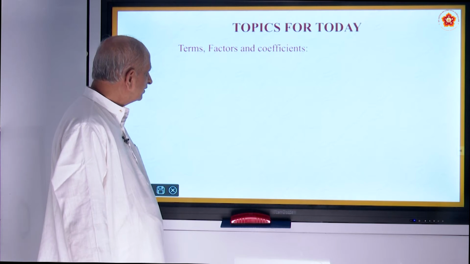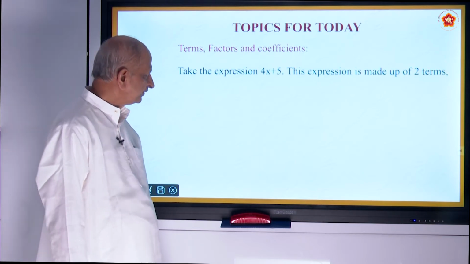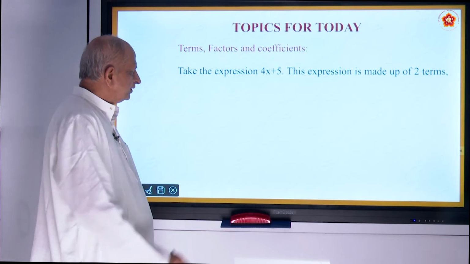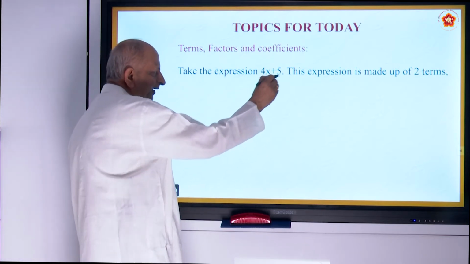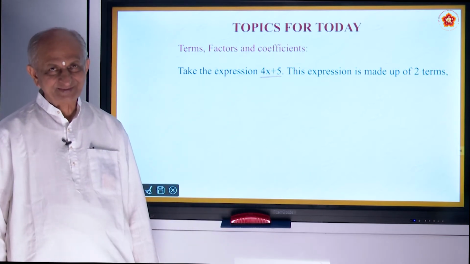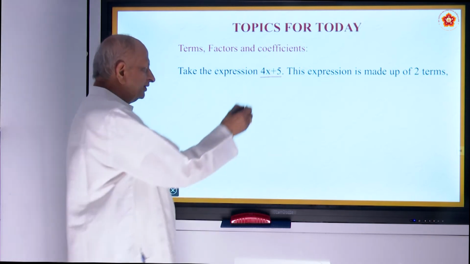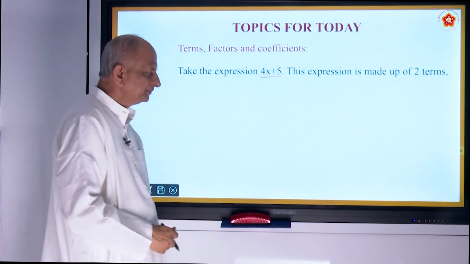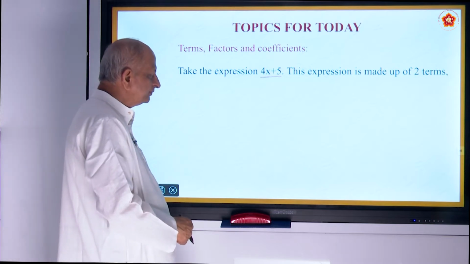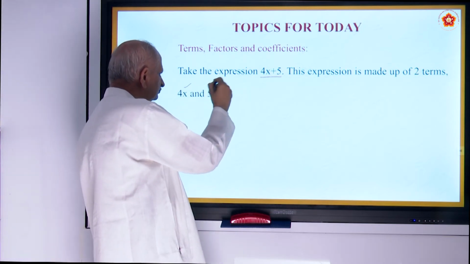So, terms, factors and coefficients. Take the expression 4x plus 5. What kind of expression is it? It is binomial. Why binomial? There are two terms. What are the two terms? One is 4x, another is 5.